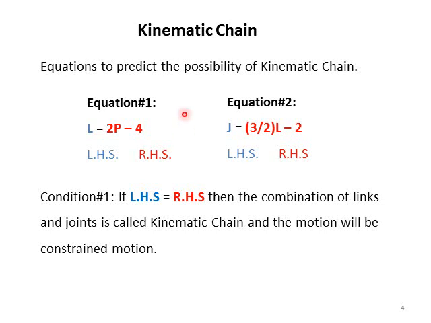To know whether any combination of links and joints is to be called a kinematic pair or not, we have two equations, 1 and 2. There we will discuss condition number 1, when the left hand side in both equations becomes equal to the right hand side.